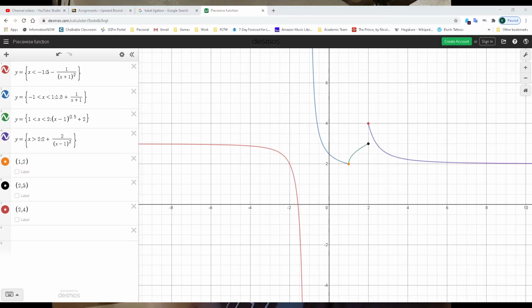Meaning these are functions where, because of how they are designed, they have fundamental places where the function breaks. In fact, let's take a look at an example of one of those using Desmos.